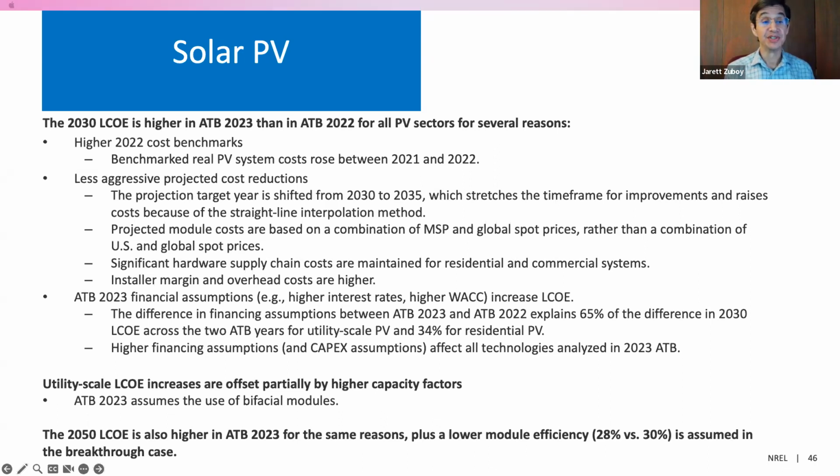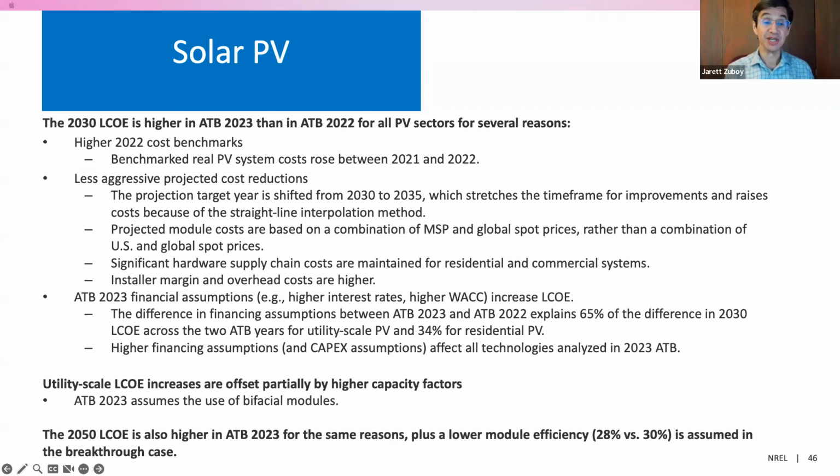The last bullet there is just that higher financing assumptions affect all technologies. And the utility scale LCOE did get offset a little bit of the increase in price by assuming higher capacity factors, because this year we assumed the use of bifacial modules through all years for utility scale PV based on recent trends. That was all the discussion of the 2030, 2035 time frame.